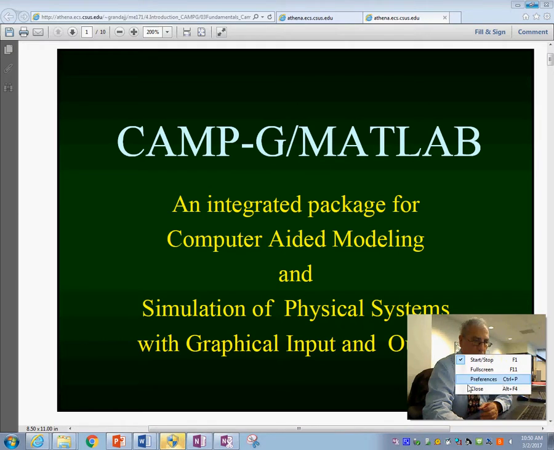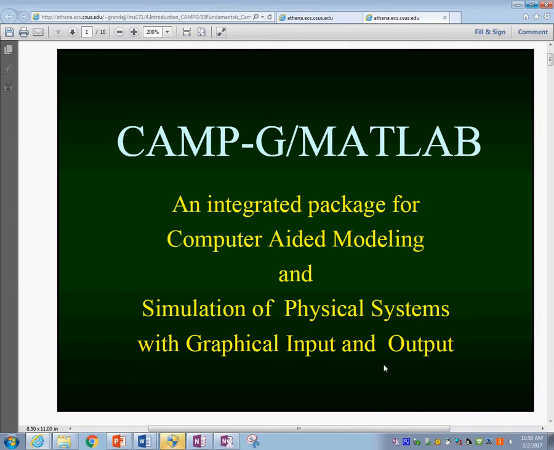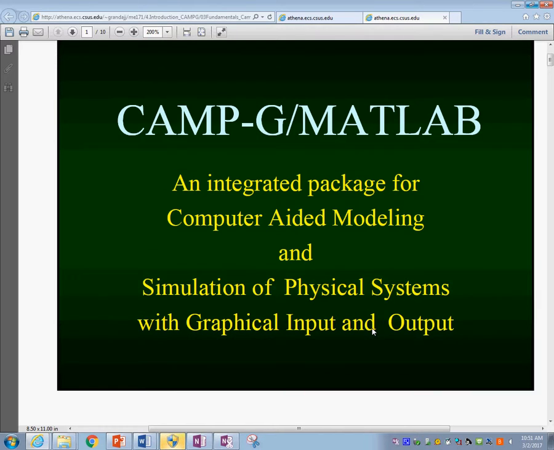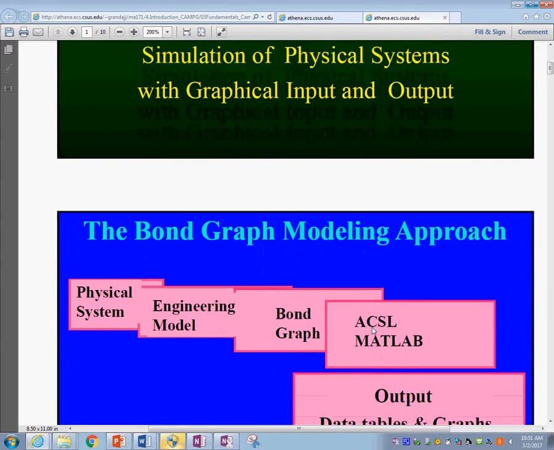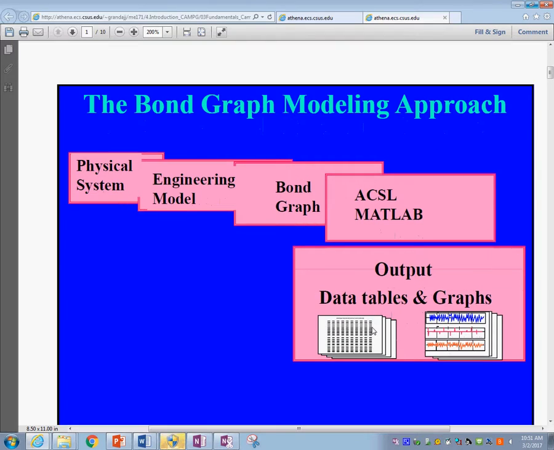So let's examine the details of this. This is a package that's computer integrated and is for the simulation of physical systems. Let's look at the process that we use in modeling and where CAMG fits and what it is.